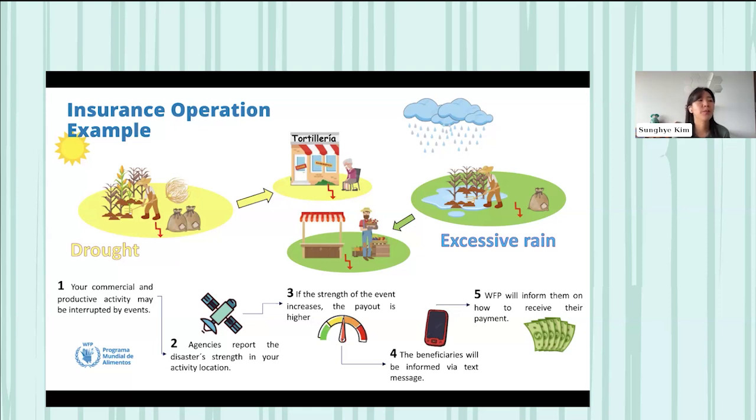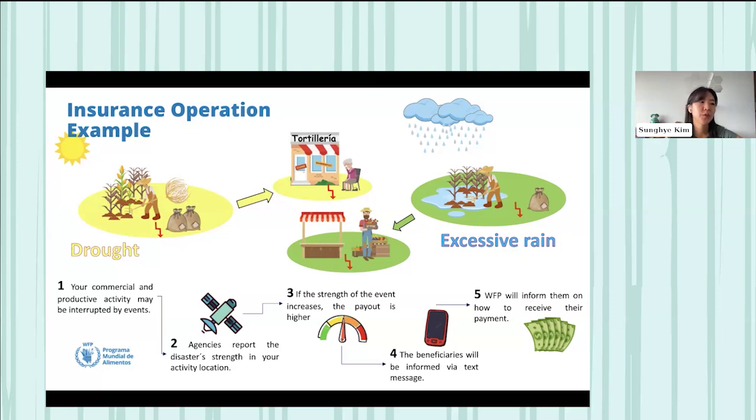It is important to note that since a payout is not linked to crop survival or failure, the farmer always has an incentive to make the best decisions for crop survival. Then the farmers will be informed via text message about the payment.